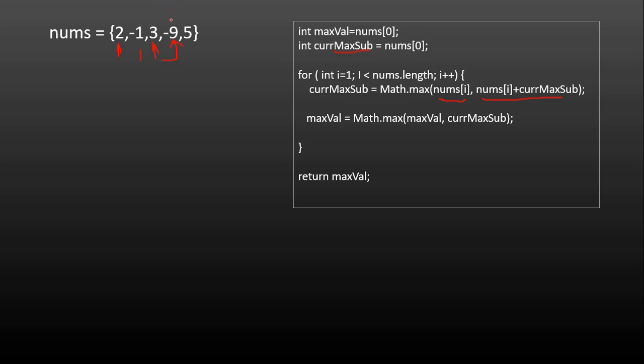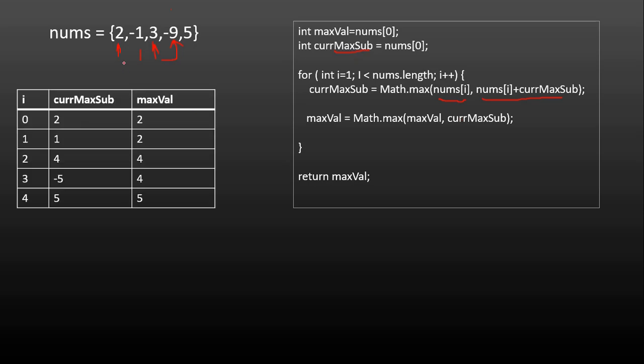So I'm checking that value, and I'm checking the value where I'm adding the current value to the previous max sub, and whatever is the result I'm adding it to the maxwell, and then again comparing with the maximum between the two. Okay, so let's do a dry run of this.